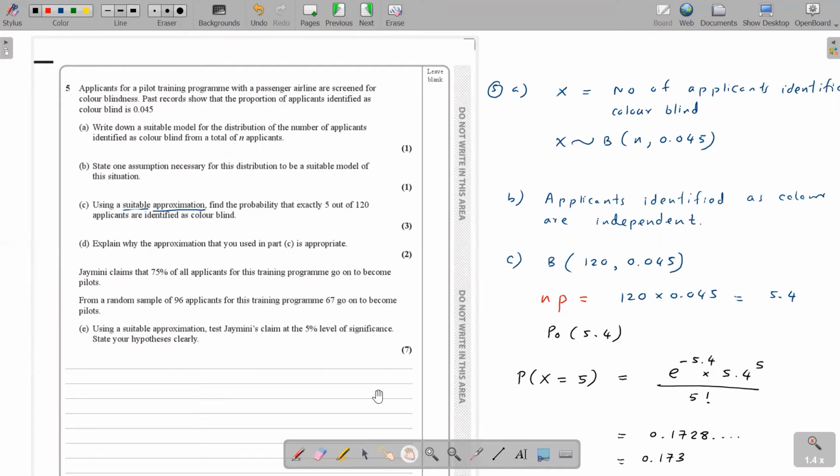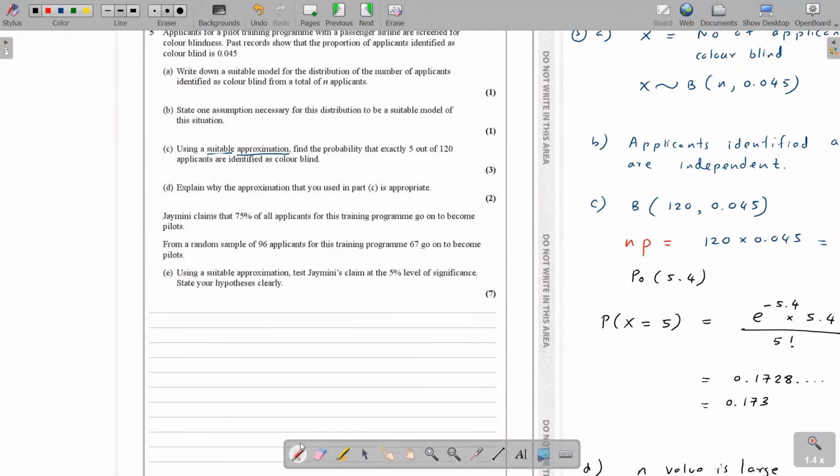So what's the hypothesis first of all? He says that 75% of all the applicants for the training program go on to become pilots. Basically, he has given the proportion here.